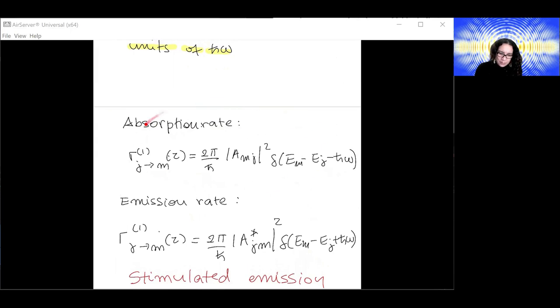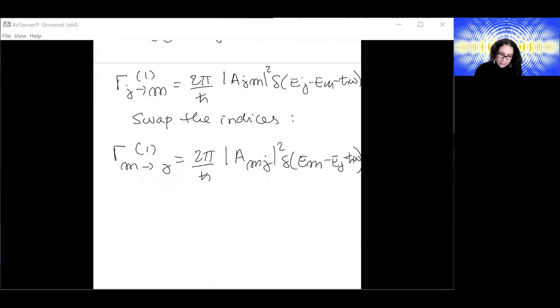So let me write this nicely. It's a bit strange. Minus h bar omega. And this is formally the same as the absorption rate.